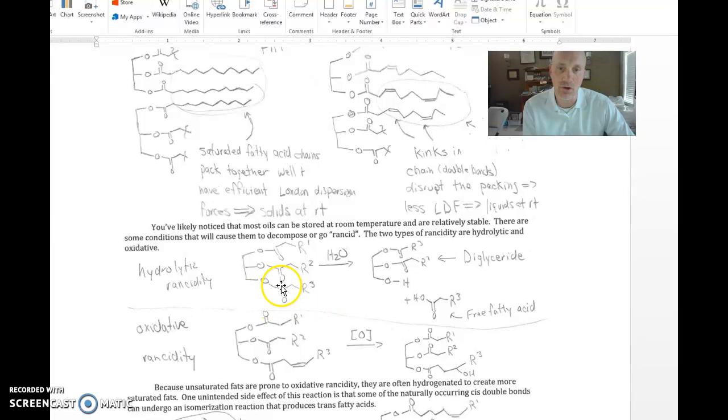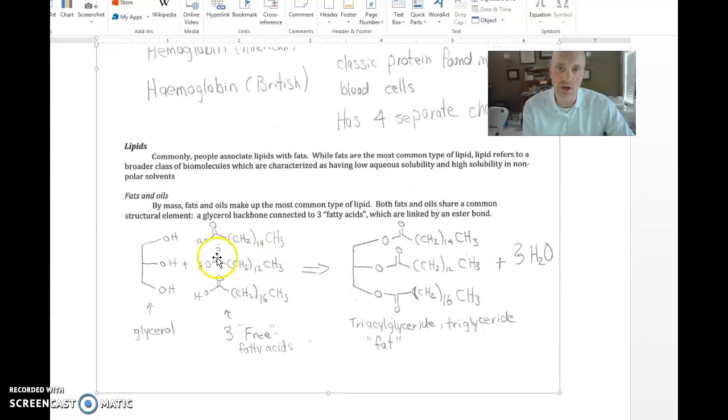If you recall, if we were to try to make a triglyceride, you get this esterification reaction, and you call it an esterification because you're making an ester. Remember that we spit out water molecules as a byproduct. So if we wanted this reaction to go in reverse, we would need to add water.